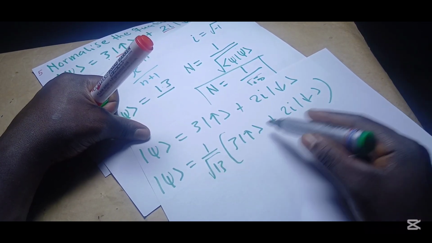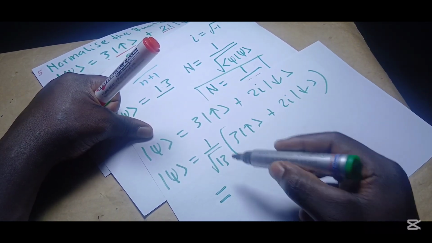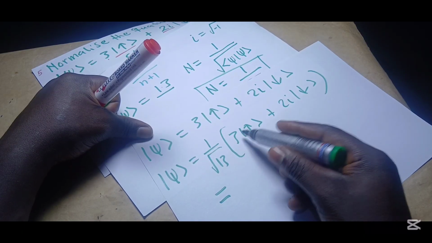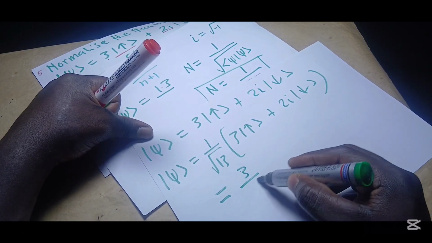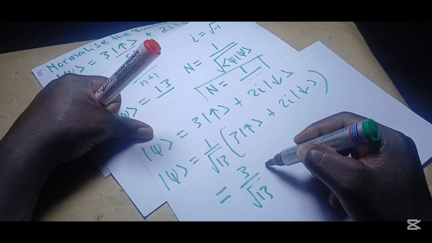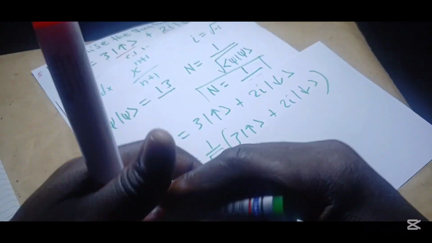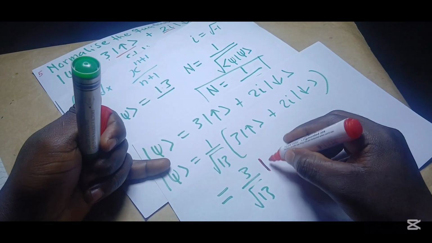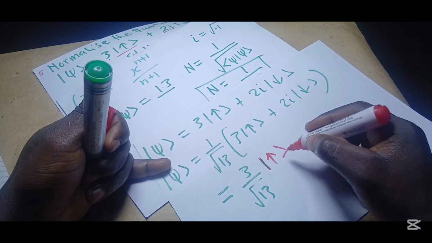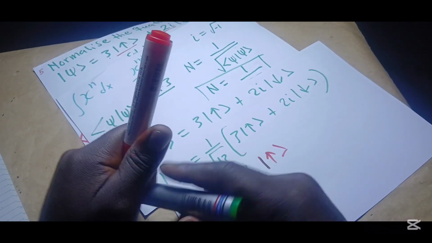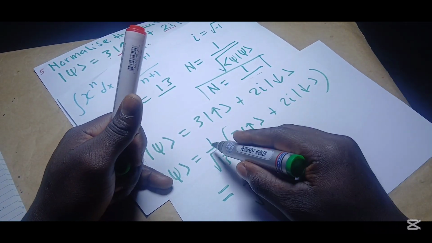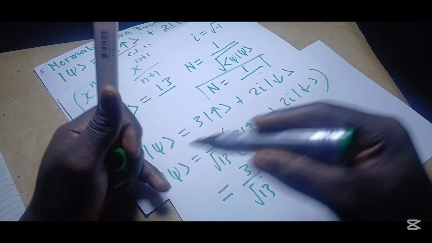We can go ahead and simplify it. So 1 over the square root of 13 multiplied by 3 gives us 3 over the square root of 13, spin up ket, plus 1 over the square root of 13 multiplied by 2i.